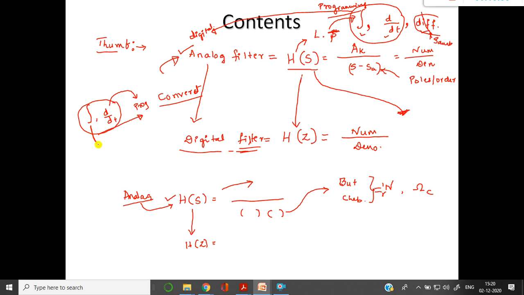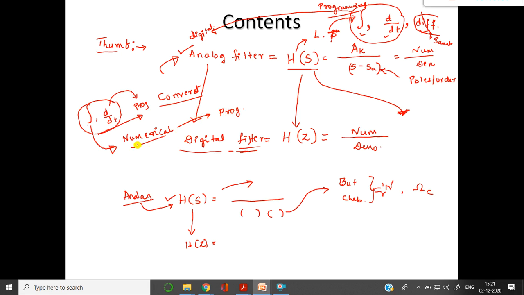So that's where I need a numerical integration model. The integration needs to be converted into numerical values. Numerical means numbers in the form of integers or floating point values, and then it is very easy for me to put it in the form of programming.